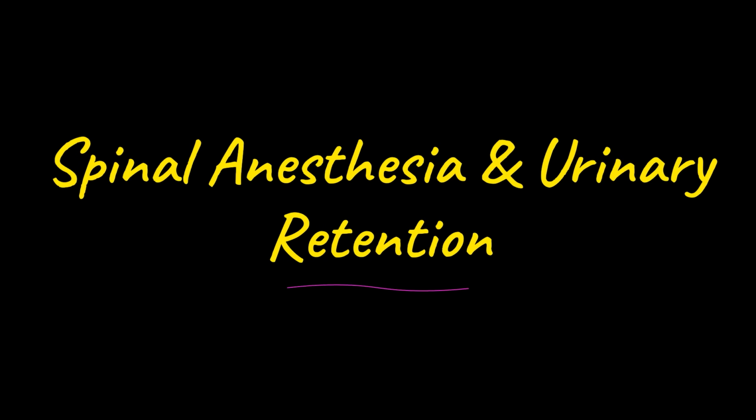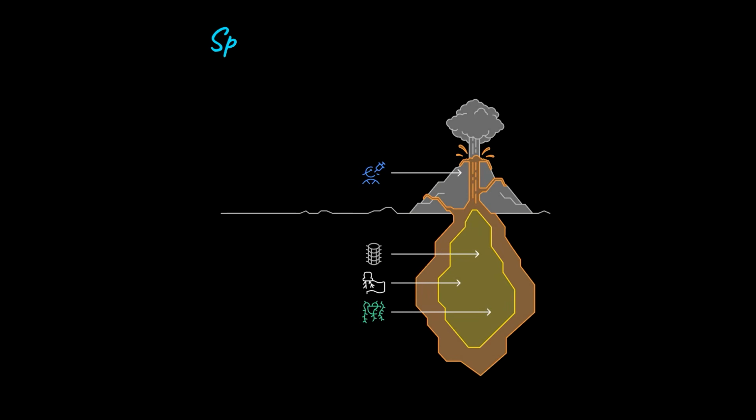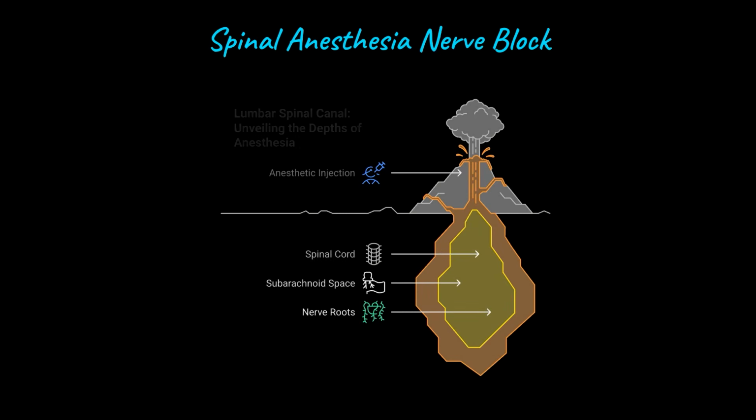Spinal anesthesia numbs the lower half of the body by delivering anesthetic into the fluid-filled space surrounding the spinal cord. It blocks sensory, motor, and autonomic nerves all at once. And that last category is what creates a hidden danger after surgery. The injection enters the subarachnoid space where it bathes the nerve roots leaving the cord.